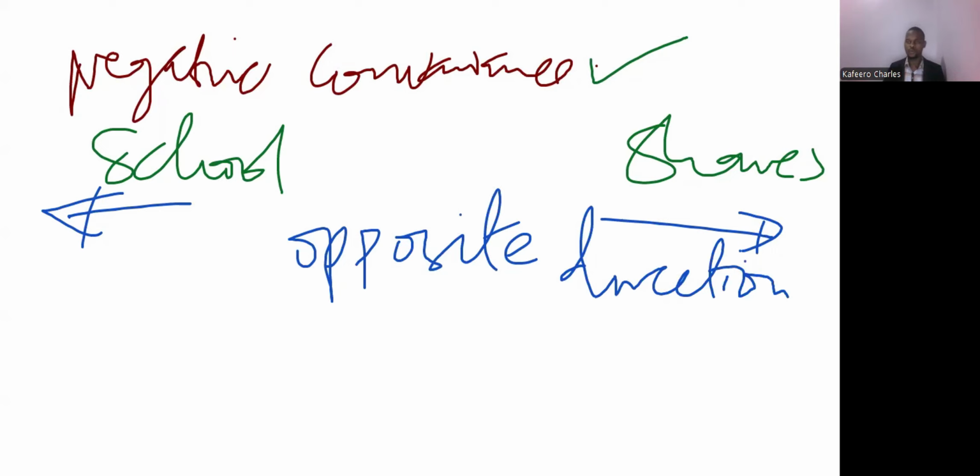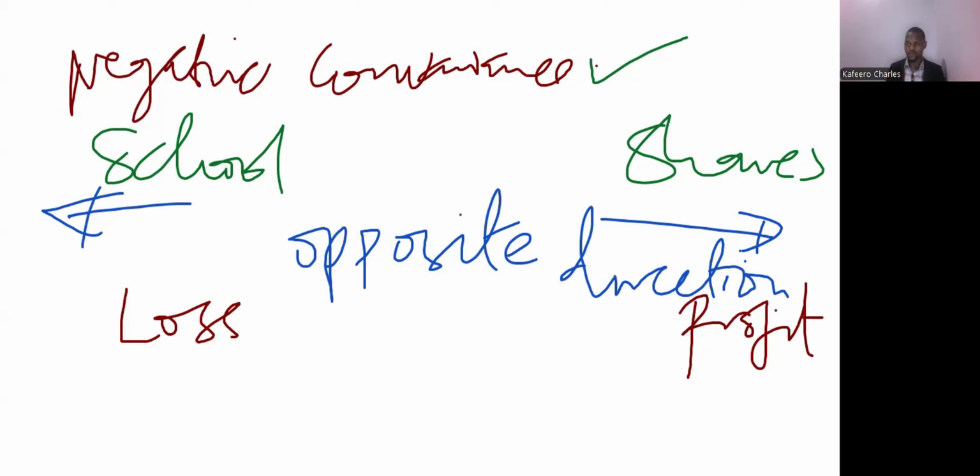Is it going in the opposite direction or is it moving in the same direction? So if, let's say, this school makes a loss, because you have a school and it has made a loss, the implication is that the other business will not make a loss, it will make a profit. That's the kind of movement that we are talking about.